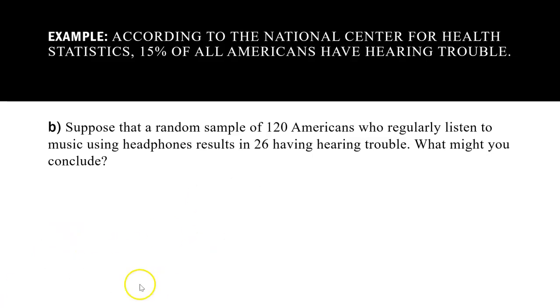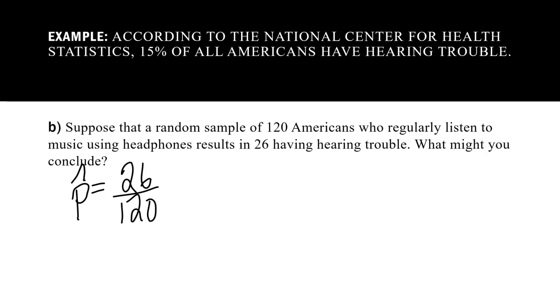So if 26 out of 120 have hearing loss, then we can compute the sample statistic, p hat. So p hat is going to be equal to 26 out of 120. All right. That's going to give us our sample proportion, which comes out to be approximately 0.217.